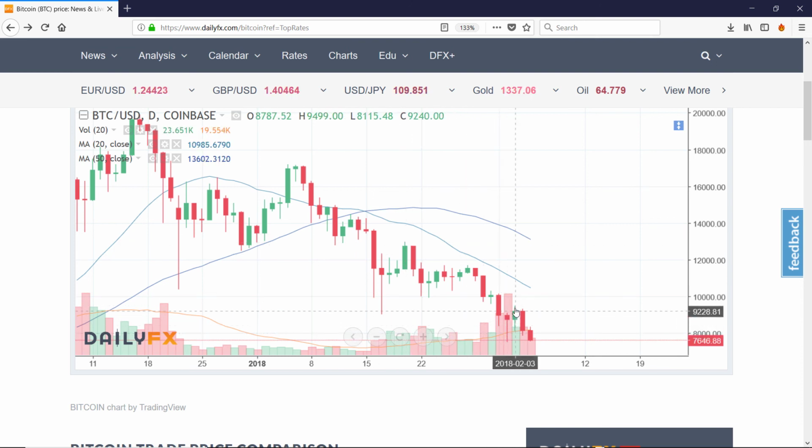So here we've just had a move up to here. The green candle there. Now it's testing on the downside again. It'll probably break. We'll get a new lower low. It might go down a little bit here, but then it will try and test this 10-day moving average level again.